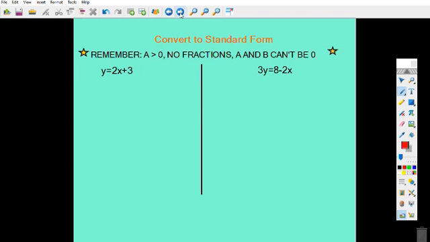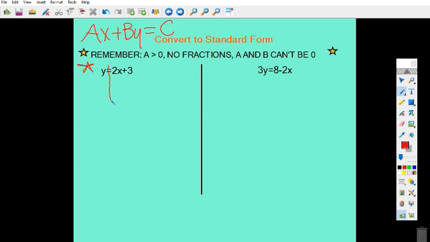Remember, write this at the top. AX plus BY equals C. That's our equation. We are going to change this into that form. So I need x and y on the left side. Right now, my x is on the right side.